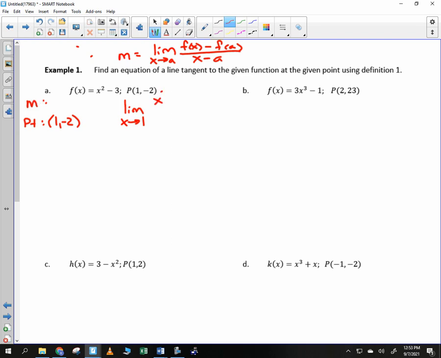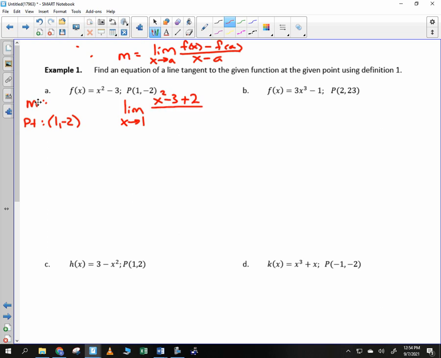X squared minus 3. Minus what? -2. Where'd you get that? If you plug in 1 to the function, 1 squared is 1, minus 3 is -2. It's simply your y value. So minus -2, so it will be a plus 2 at that point.